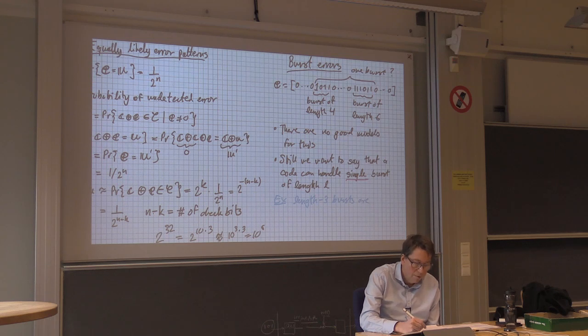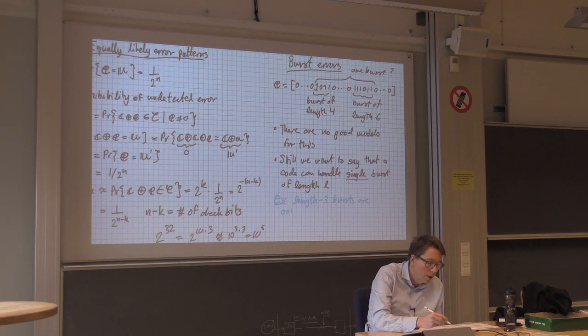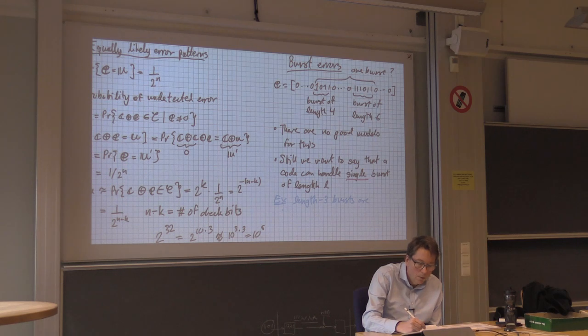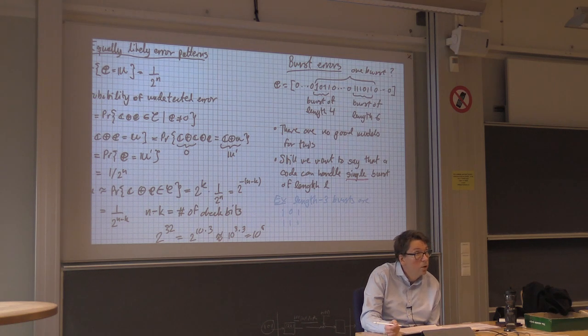And what are the error events here? Let me go back. It should be 1 here and 1 here, and then it could be 0 in between, or it could be 1, 1, 1. So these are the possible bursts of length 3. Right?